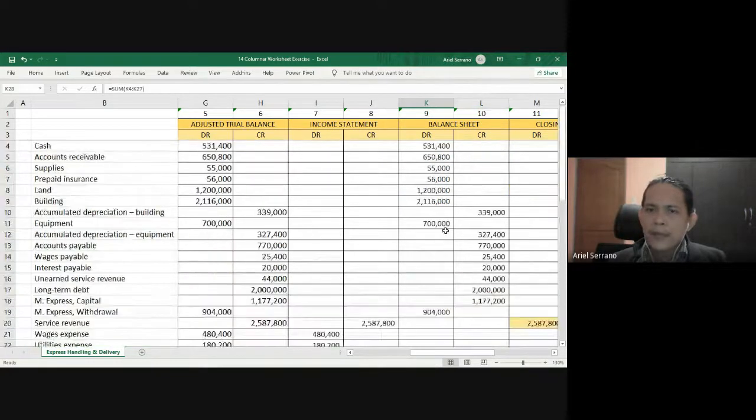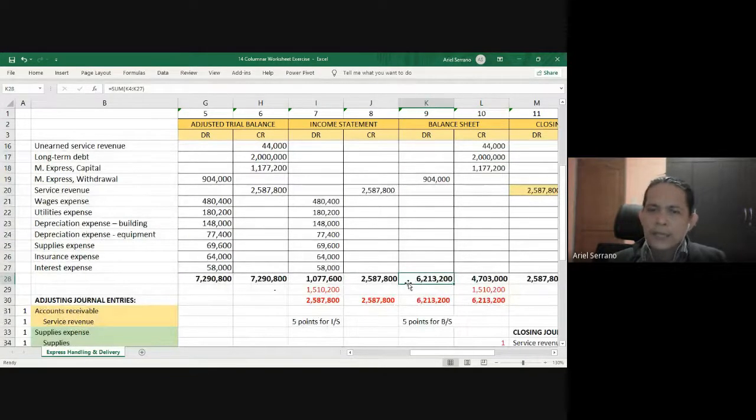Add them all together. You will get a total debit of 6,213,200. And for the total credit, you will get 4,703,000. You get the difference and you place it below the total with a smaller amount, 4.7 versus 6.3. You place it below the 4.7. Okay? The difference is 1.5 million.